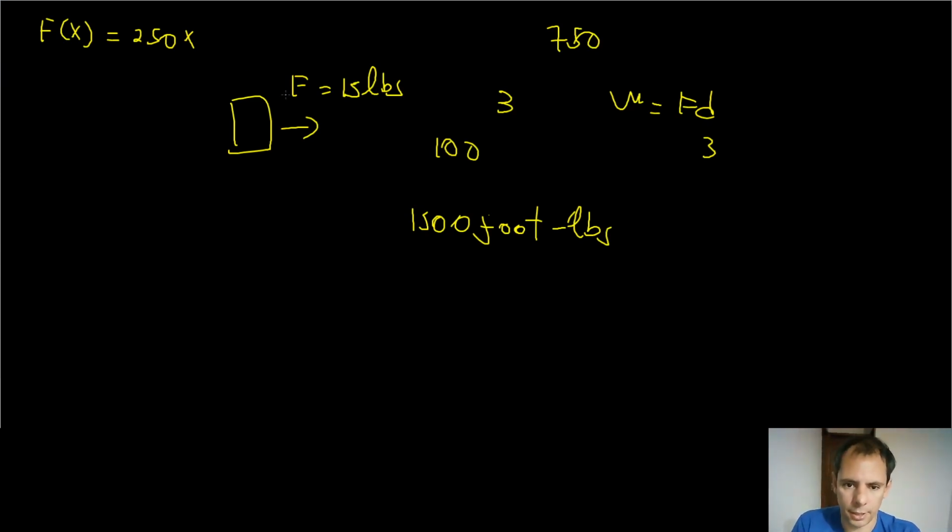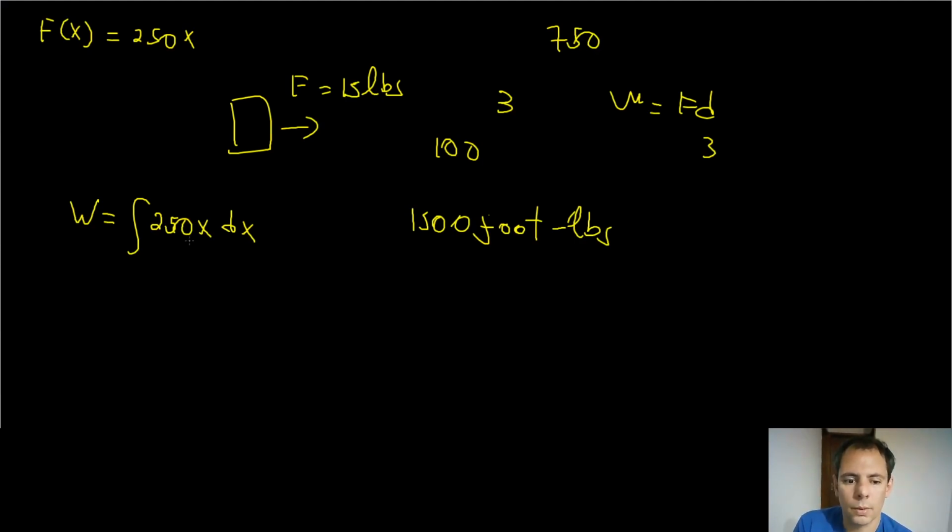Well, here's the thing. The total work is going to be the integral of the force, which is 250 times x, times dx. Why? Because you see, the dx here is not just a dummy variable to tell you with respect to what this is being integrated.